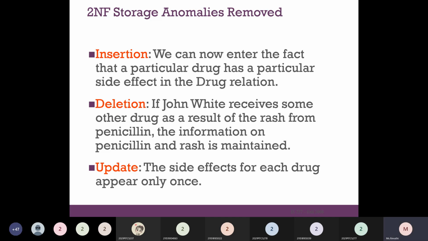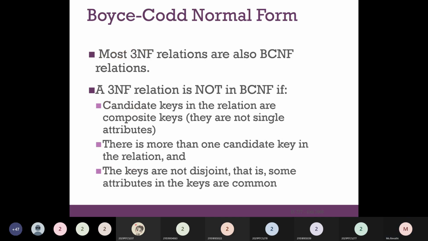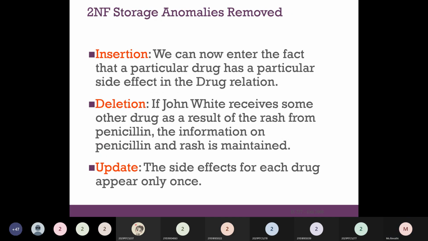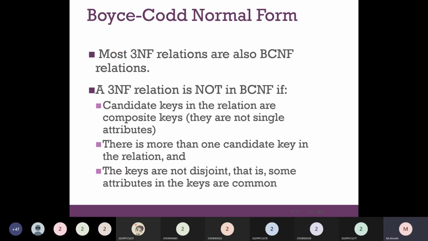Is there scope for new anomalies? Is this the complete normal form? There wouldn't be much deviation. The third normal form is considered the highest level of normal form.